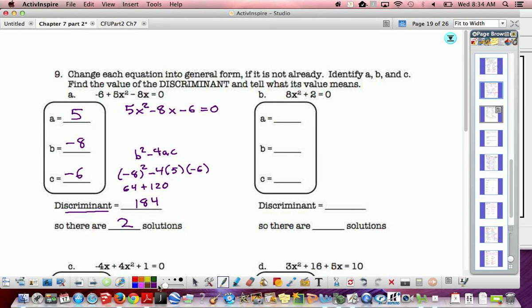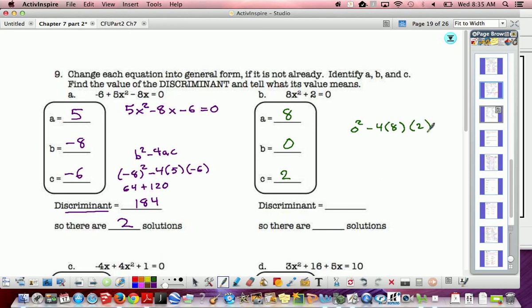All right, continuing on. Here it's in general form. a is 8, there is no b, and c is 2. Now when I do my discriminant, b squared, I'm going 0 squared minus 4 times 8 times 2.